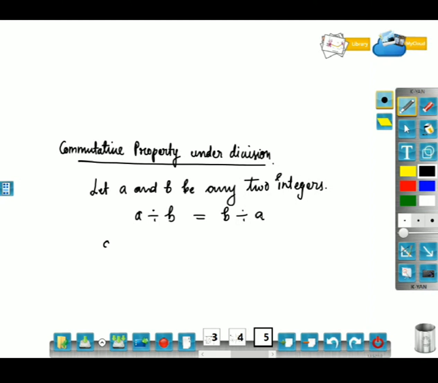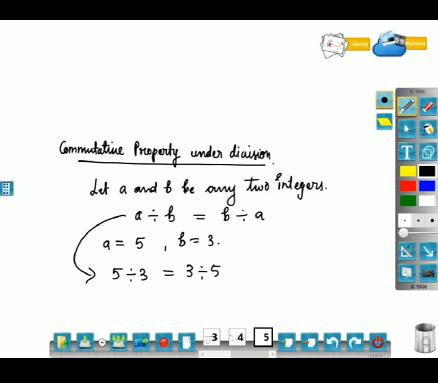Okay, we'll take a is equal to 5 and b is equal to 3. So we substitute these values in the equation, a divided by b is equal to b divided by a. The value of a is 5, so 5 divided by 3, is it equal to 3 divided by 5?